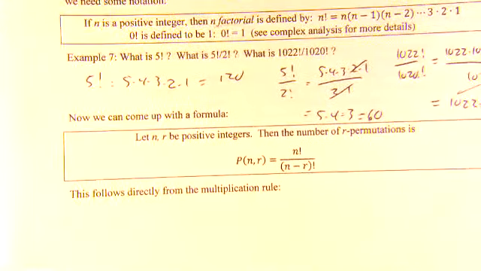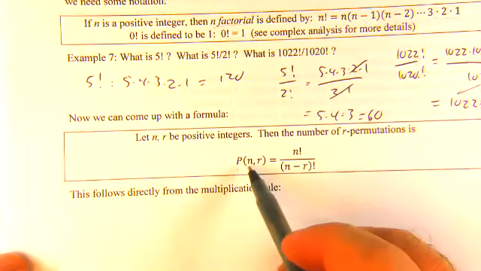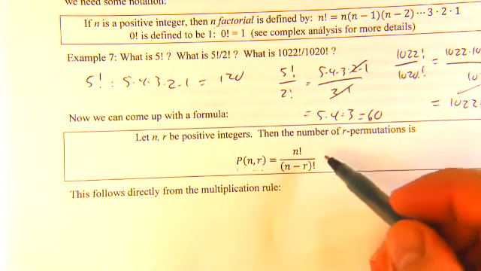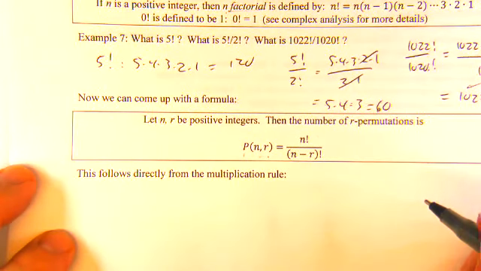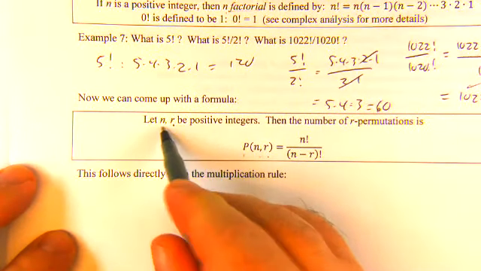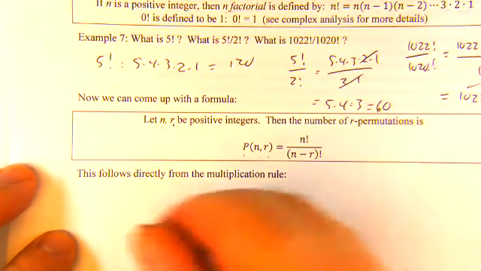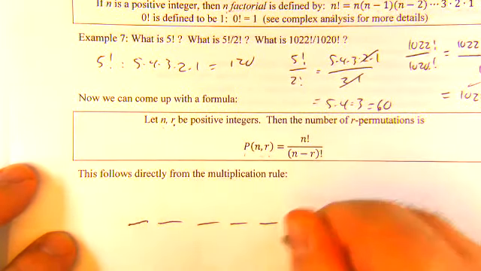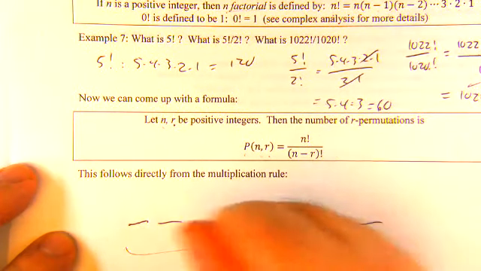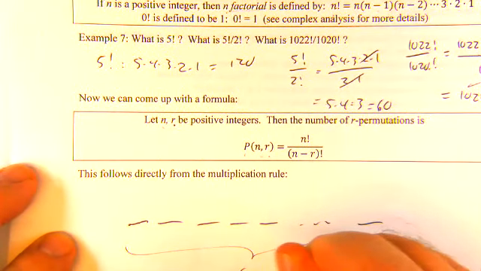So let n and r be positive integers. The number of r-permutations is P(n, r), which is n factorial over (n minus r) factorial. If I'm choosing r things out of n, I have r spaces.